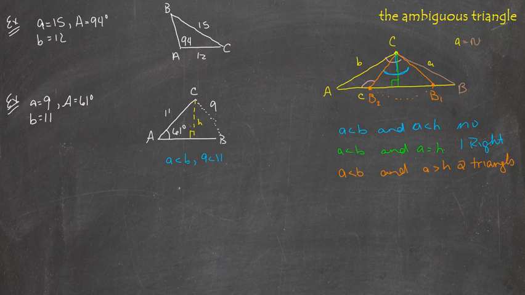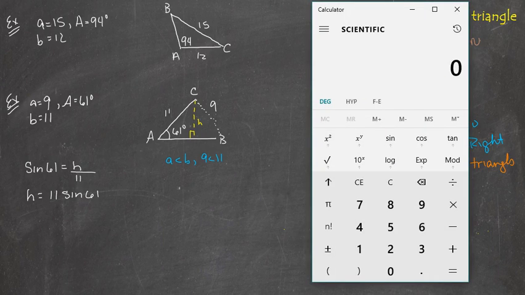Unfortunately, I don't have enough information to really find that using the Pythagorean theorem, but luckily I have some trig. So I know that the sine of 61 degrees is equal to the opposite, H, over the hypotenuse, 11. So H is equal to 11 times the sine of 61. Let's pull up the calculator.